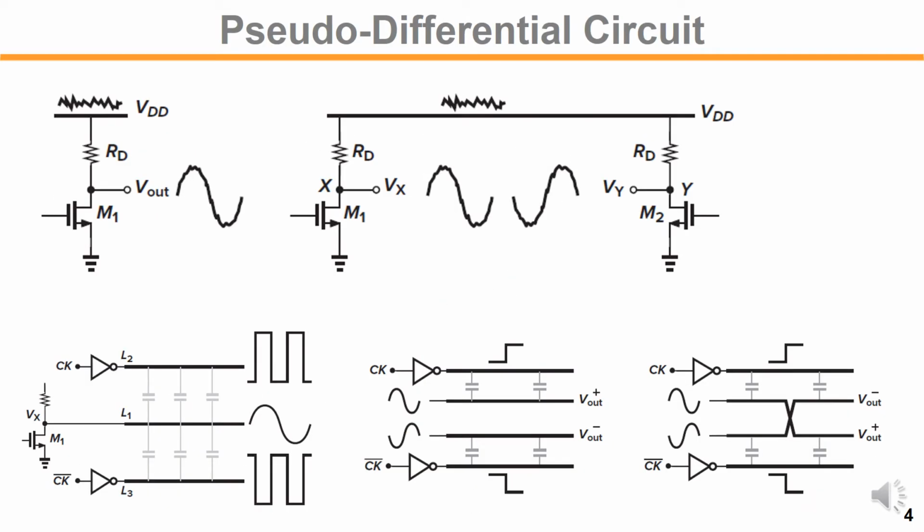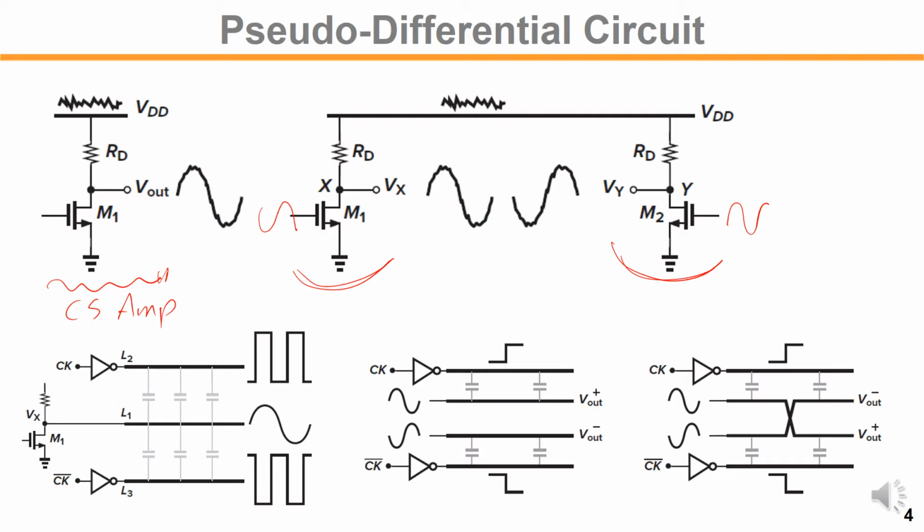So how to make a differential circuit in a brute force way, a very simple way, is that a single-ended circuit, the CS amplifier, is shown here. We just place two identical amplifiers like this, and we apply the signal in phase and out of phase.